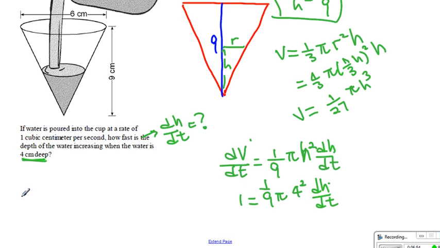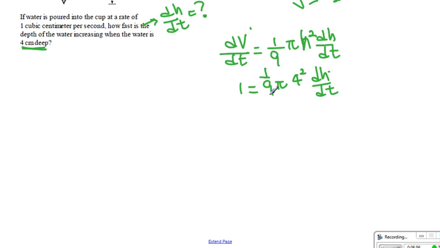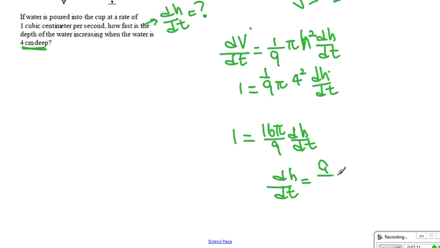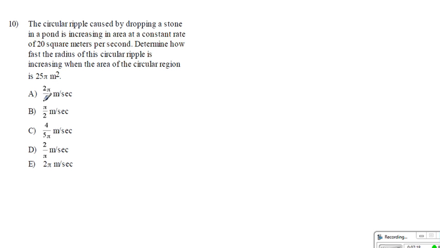And when I simplify this one, I'll end up getting 1 equals 16 pi/9 dh/dt. So therefore dh/dt will be equal to 9/16 pi. Alright, let us move on to the next question. Number 10.